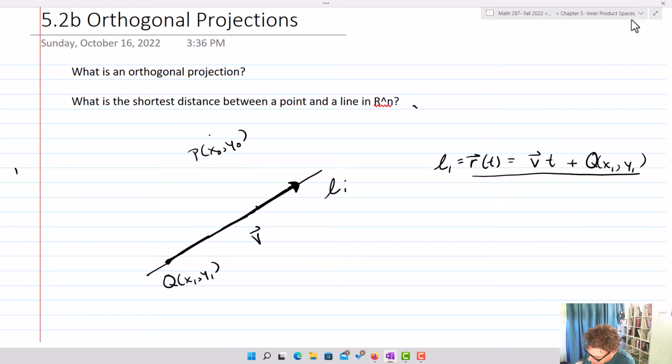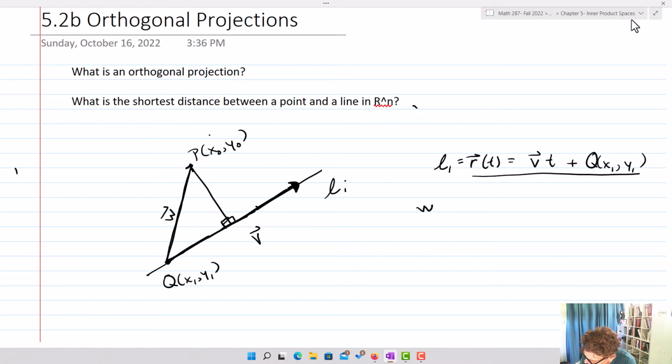All right. Now, the shortest distance between P and line L is going to be a perpendicular distance. So it's going to be orthogonal. So we've got this orthogonal distance there. And what we can do is we can say, okay, so let's draw a vector. And that vector, we're going to call it W. All right.